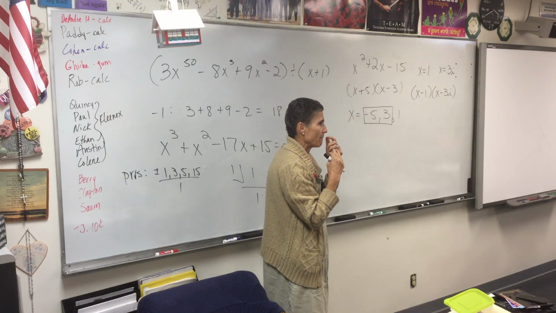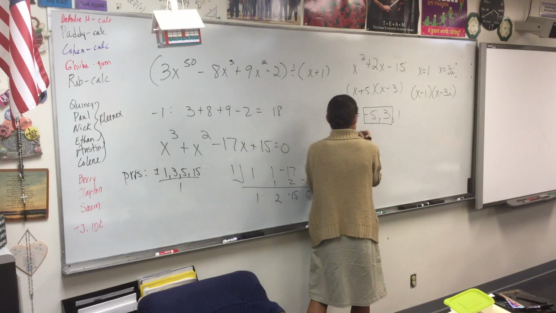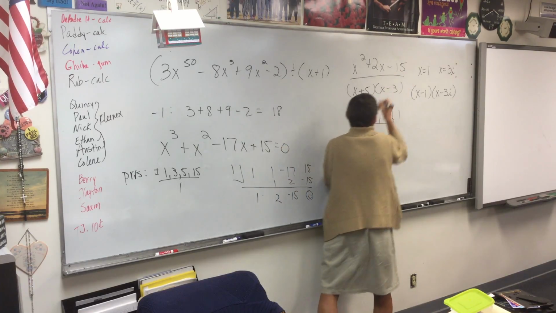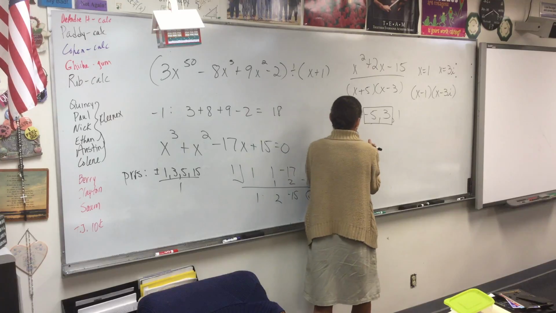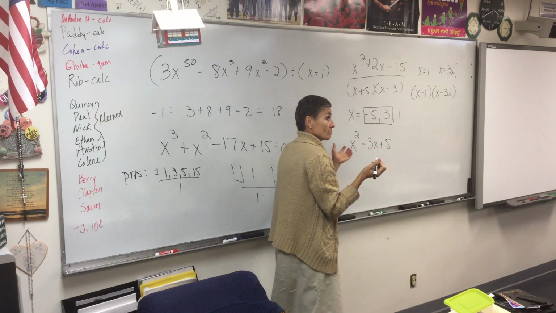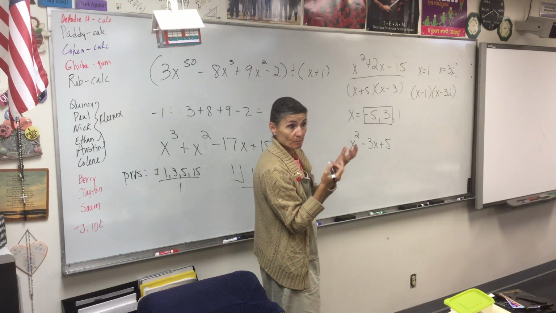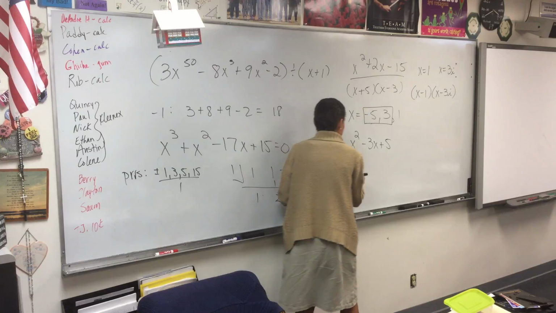What would cause that to happen? If it didn't factor. So if we ended up with something like x squared minus 3x plus 5, it doesn't factor. So then you would do what? Use the quadratic formula.